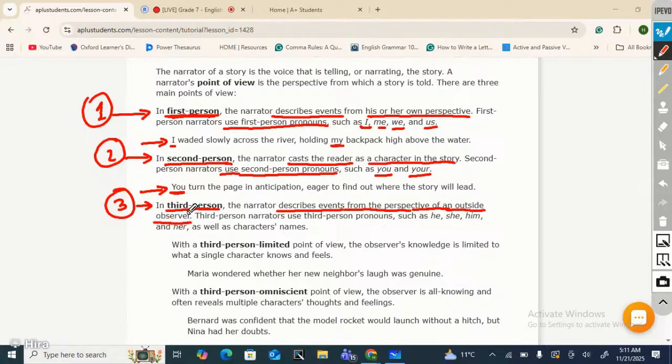It means the events of the story are described from the perspective of an outside observer, a person who is not a part of the story, but who is telling the story. Third person narrators use third person pronouns. And you know third person pronouns? He, she, him, and her, as well as the characters' names.